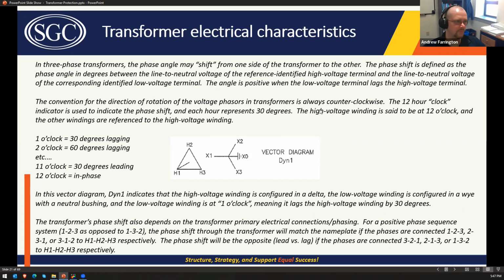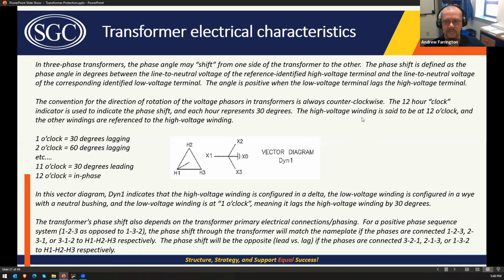This convention, which we talked about during the Aspen one-liner lectures, is based on a 12-hour clock, where midnight is 0 degrees, and that's usually your high voltage winding. That's why they don't specify it here.